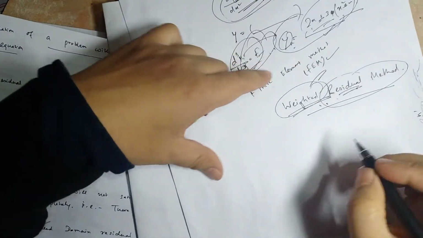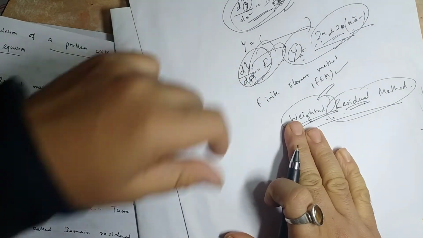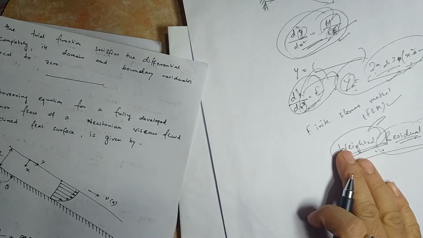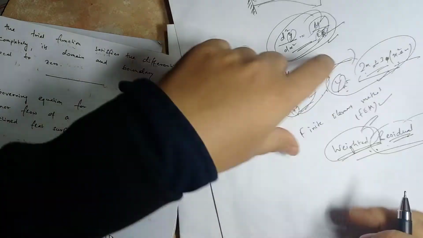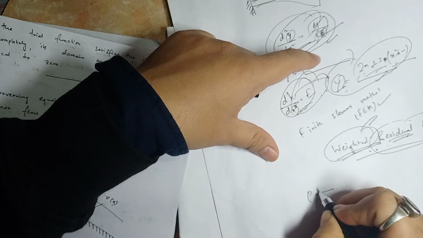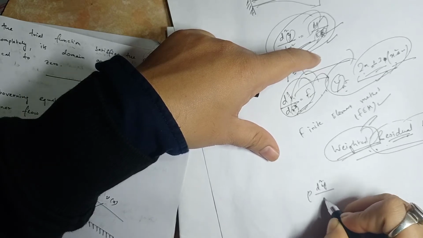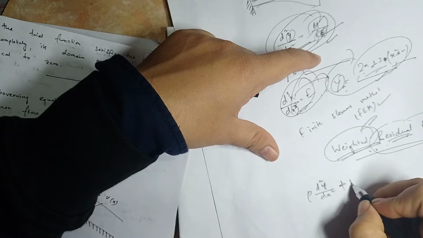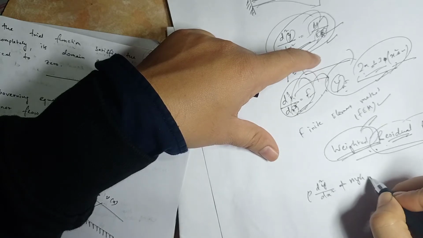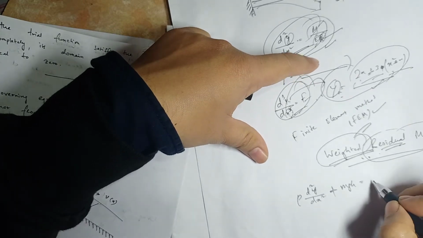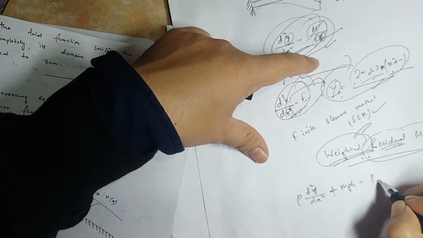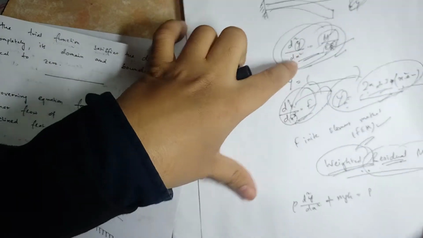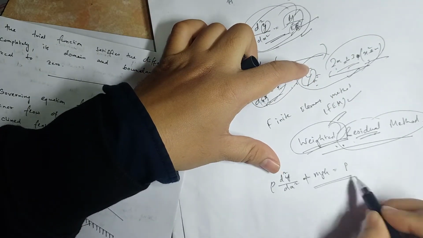So for any differential equation, let's say we have a differential equation of the form rho d square y by dx square plus mgh equal to, let's say, p, where p is, say, pressure or something. So we have a differential equation like this.